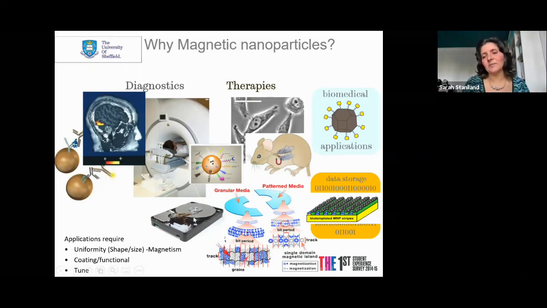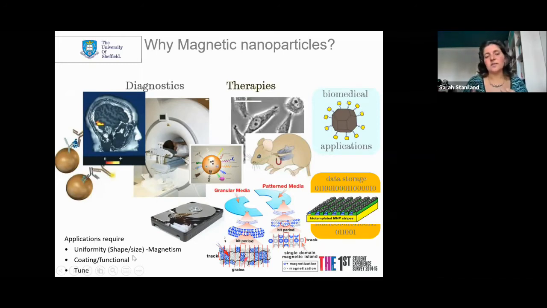Obviously, it's a bit more complicated how they're arranged, but as we increase the need for more data, we want to get more information in as small an area as possible. So the smaller we can get those particles, and the higher the definition between those domains of data, the more crucial it is. They seem like very different applications, but with both of them, we really need uniformity of size and shape of our particles.